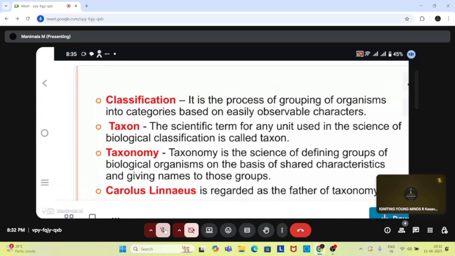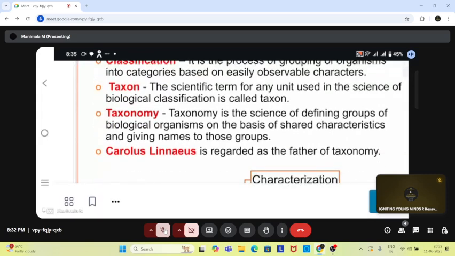Taxonomy is a branch of biology which deals with grouping biological organisms on the basis of shared characteristics and giving names to those groups. Carolus Linnaeus is the father of taxonomy. Underline it.